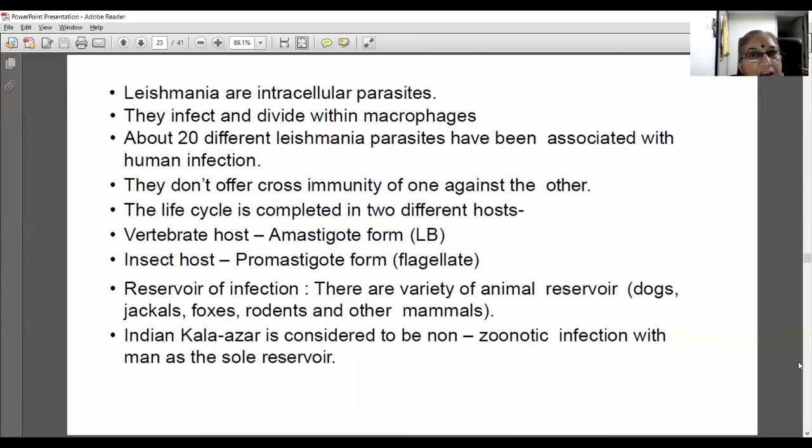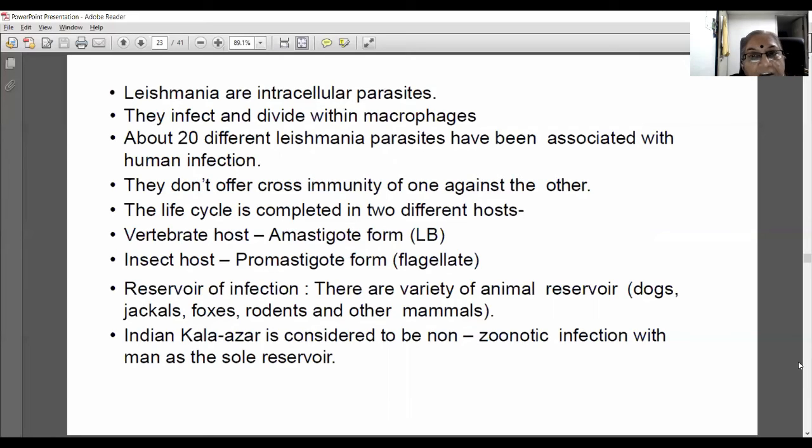So leishmania are intracellular parasites. They infect and divide within the macrophages. About 20 different leishmania parasites have been associated with human infection, and these different leishmania do not give any immunity for each other.